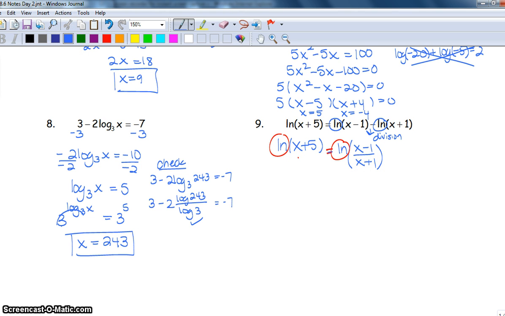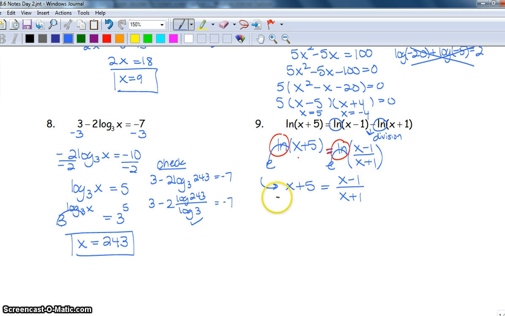So I can skip that step of doing e raised to the natural log power, and I can just do x plus 5 has to equal x minus 1 divided by x plus 1. Now don't get me wrong, you can go ahead and say e to both sides, and that cancels, and then you just end up at that step. So that's just a shortcut of skipping that one step.